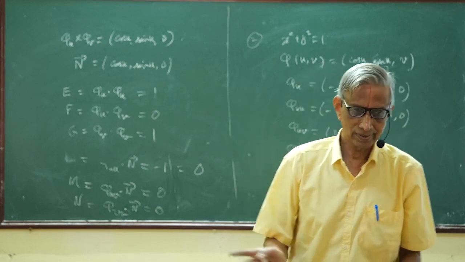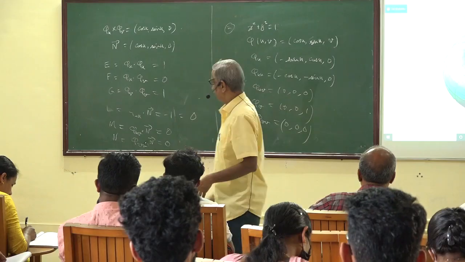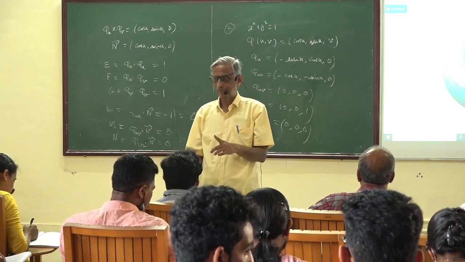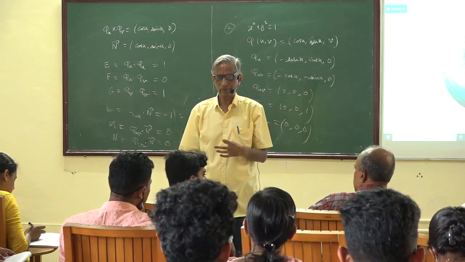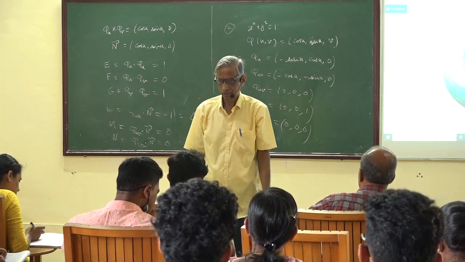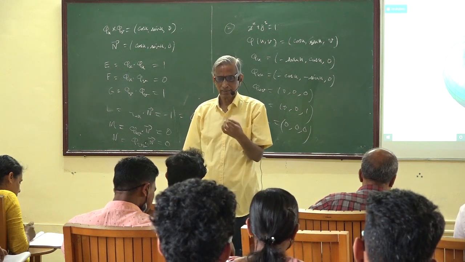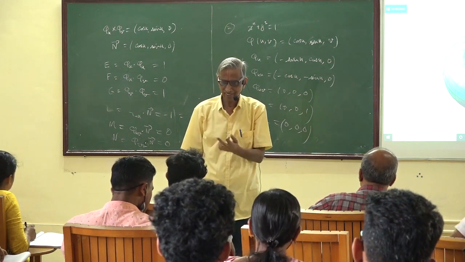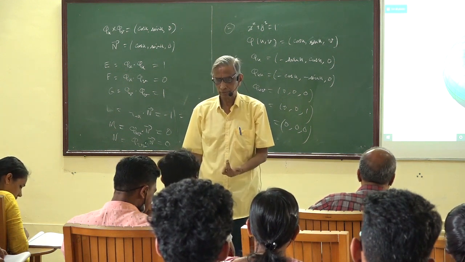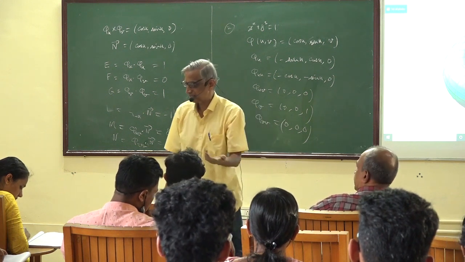These are the principal directions in that case, if your cylinder has the z axis as its axis. So one of the principal curvatures is 1, the other principal curvature is 0. That's what happens actually. The Gaussian curvature is the product of the principal curvatures. That means for the Weingarten map, the eigenvalues are 0 and 1. So the determinant therefore is 0. The mean curvature is half and so on.